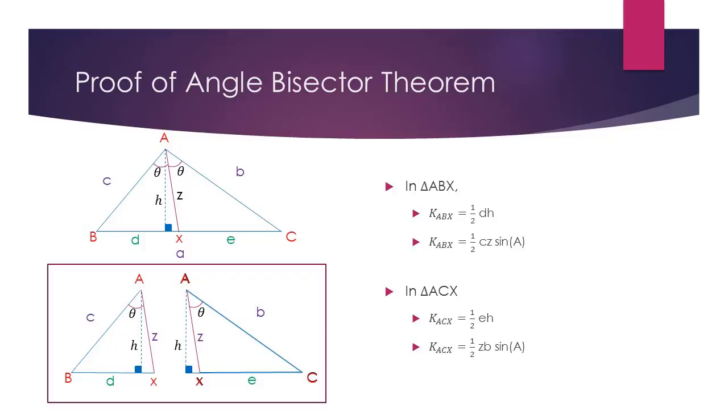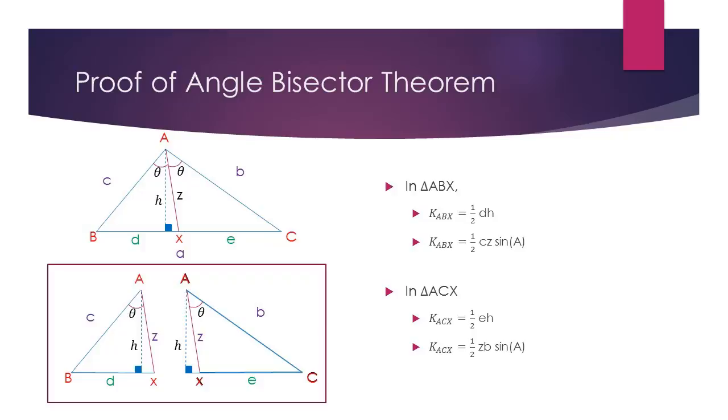So now we're going to look at the other triangle ACX, where we've denoted AC as lowercase b, and AX will be lowercase z, which will come into play later, and side CX as lowercase e. So we've drawn the height from angle A again, so therefore that will make our base e.